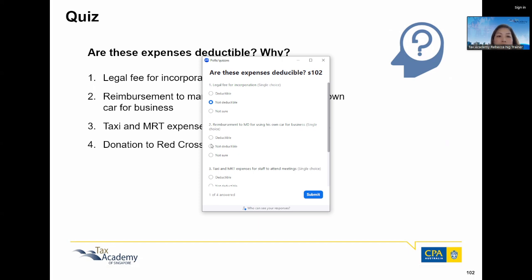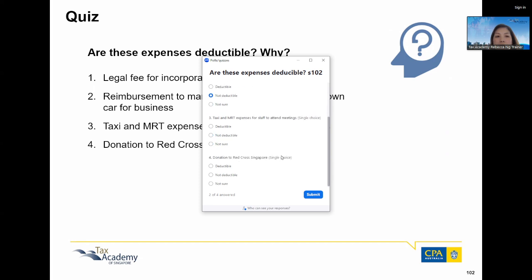Reimbursement to marketing director for using his own car for business, taxi and MRT expenses for staff to attend meetings, and donation to Red Cross Singapore. The question is whether it is deductible under section 14 and disallowable under section 15.